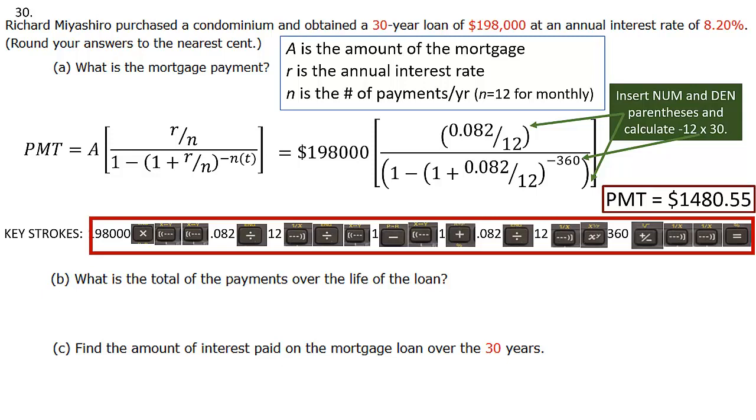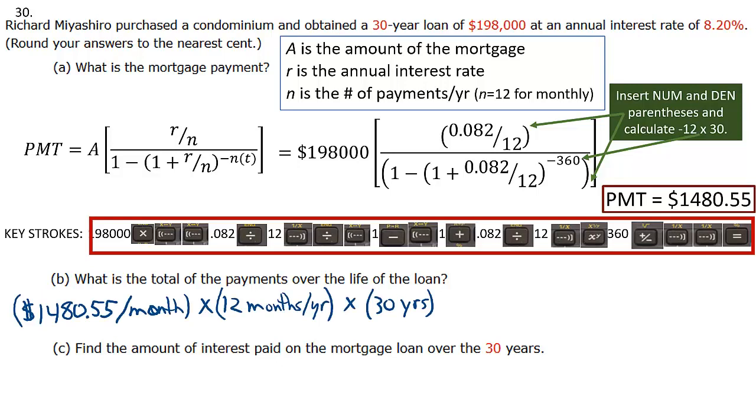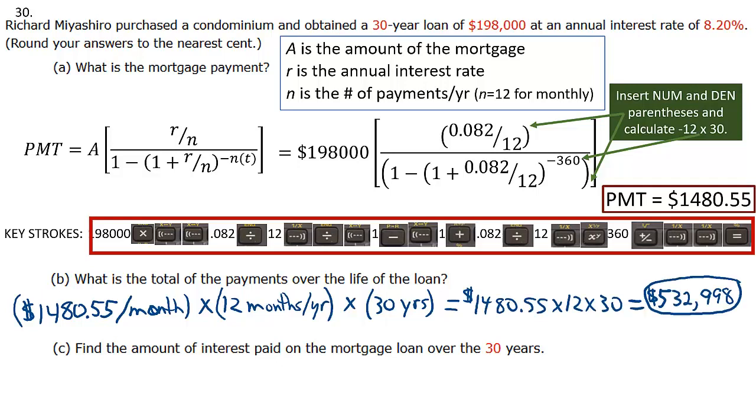Then you go to part B. What is the total of the payments over the life of the loan? Well, just think about it. You're paying $1,480.55 a month for 12 months a year for 30 years. So it's just the product of those three numbers. If you multiply $1,480.55 times 12 times 30, you end up with over $500,000, $532,998.